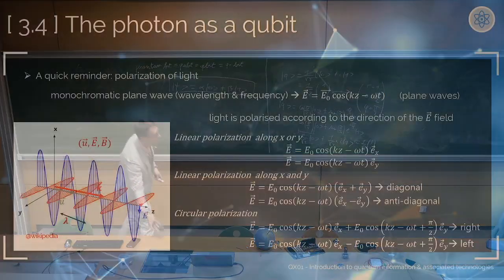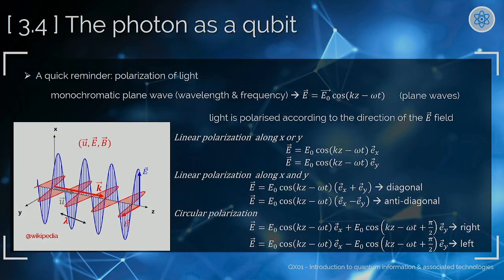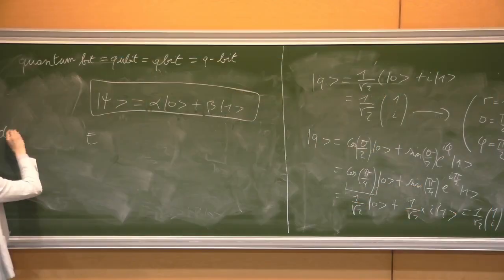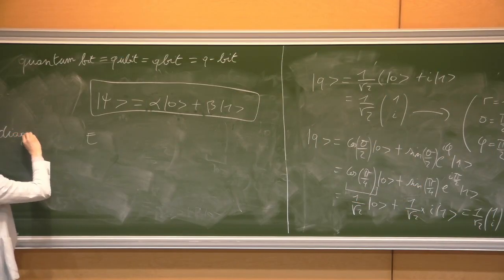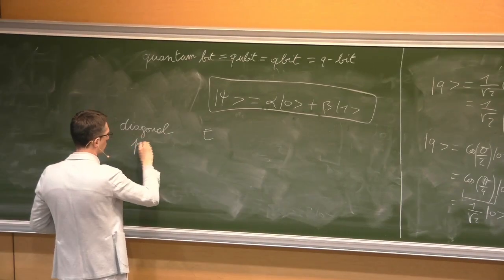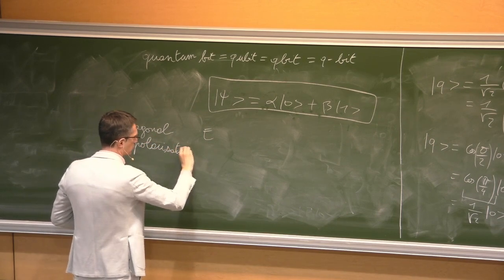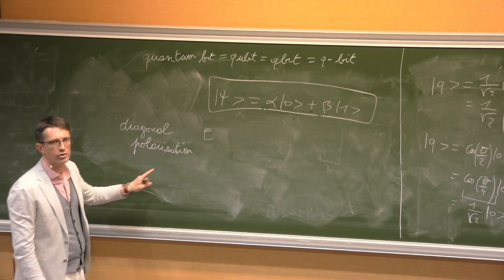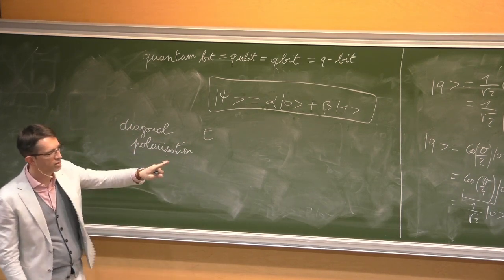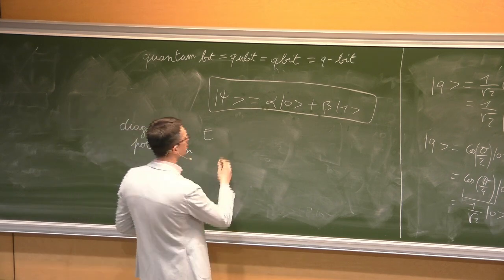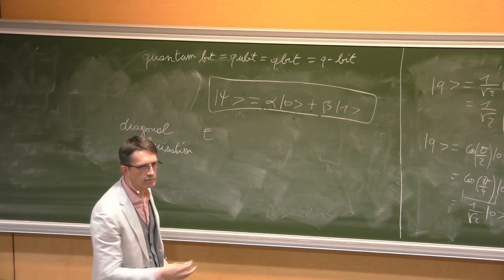In fact, so here, for diagonal polarization, we also usually use British English notations, but as you can see here, sometimes there is the American English notation, but it's the same thing.